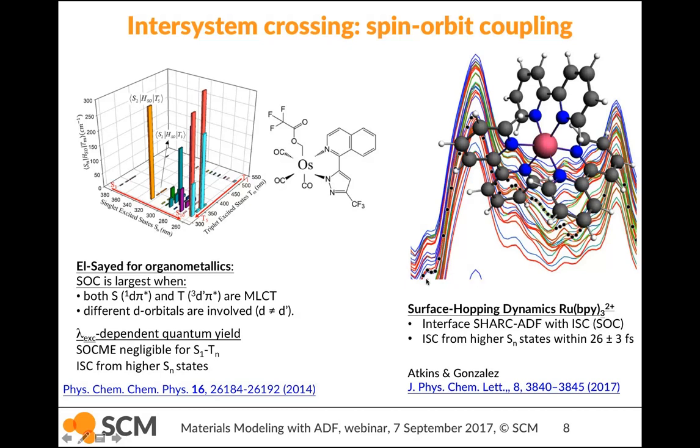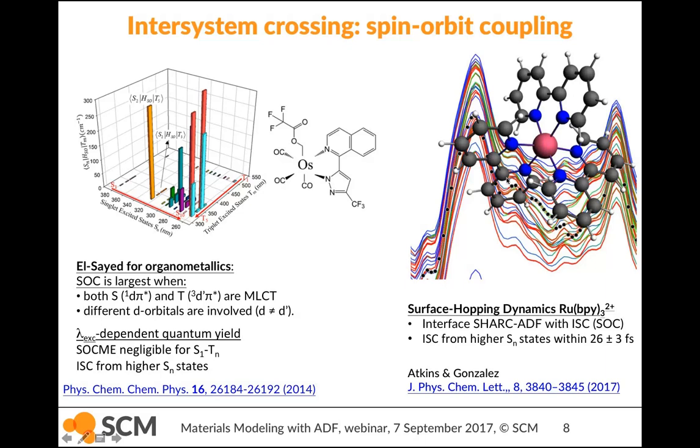So essentially what you do is you excite your molecule to the excited state, so that would be your excited singlet state, and then you let the system follow its way across the multitude of different pathways it can take.